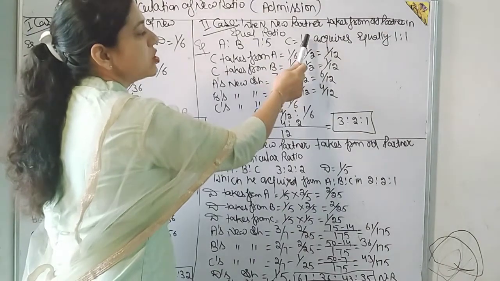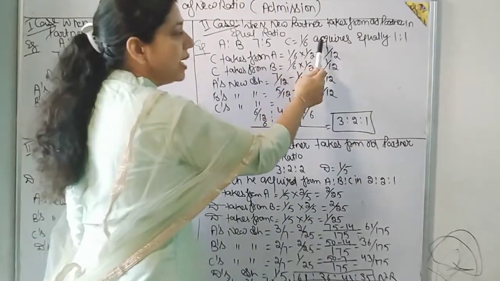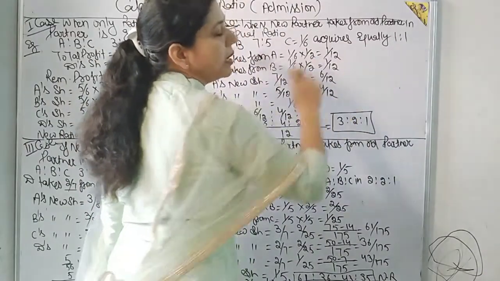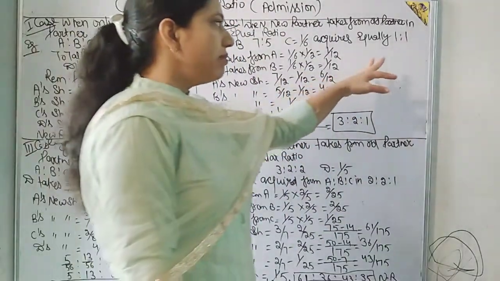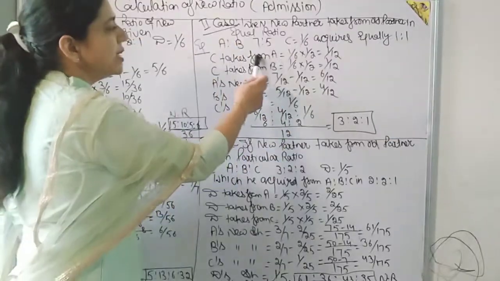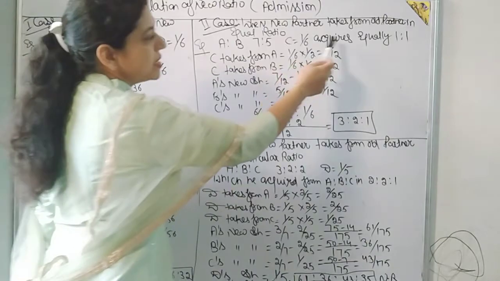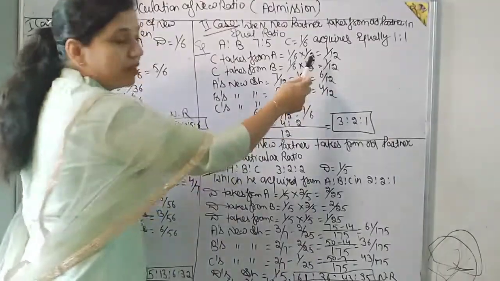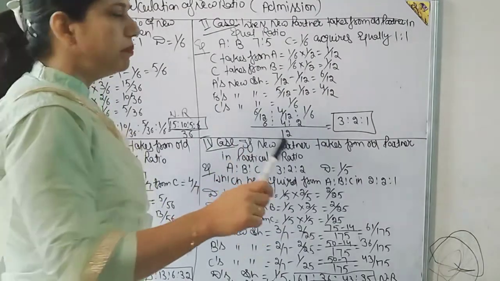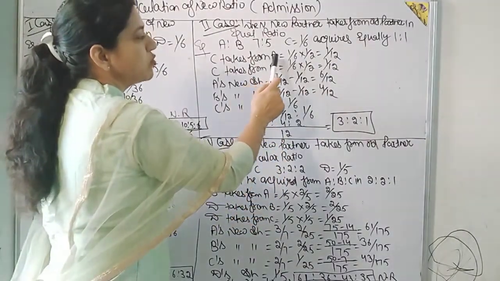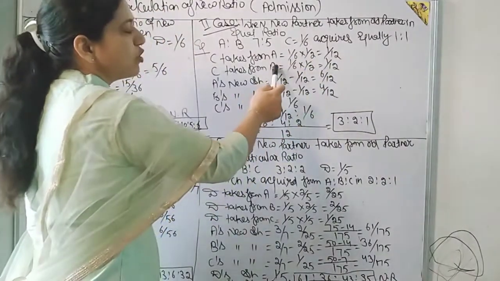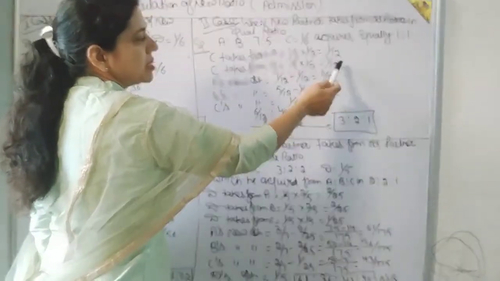C's share is 1/6 and he acquires this 1/6 equally from A and B. It's not necessary that it is always equal, it can be any ratio. So C takes from A 1/6 multiply 1/2, half from A and half from B.